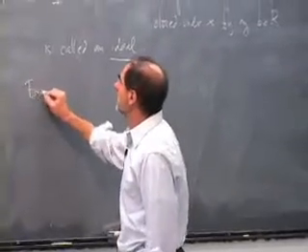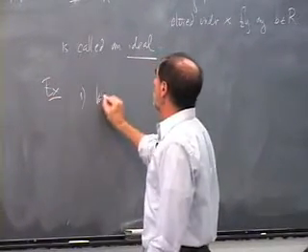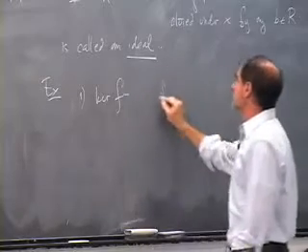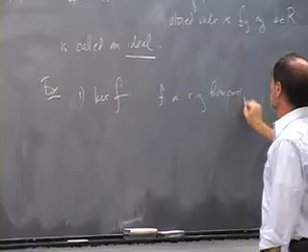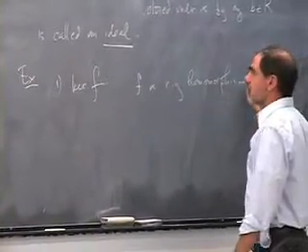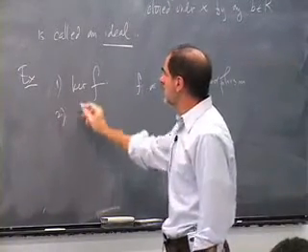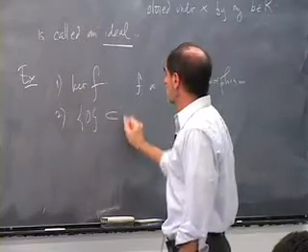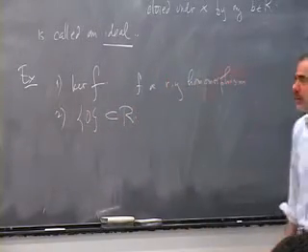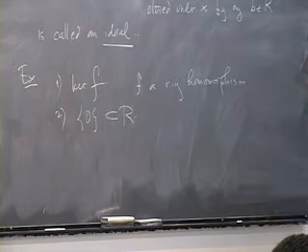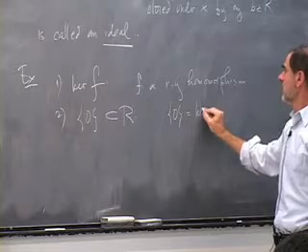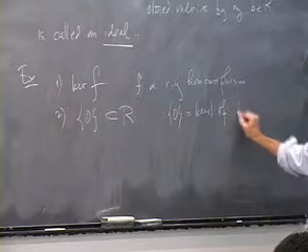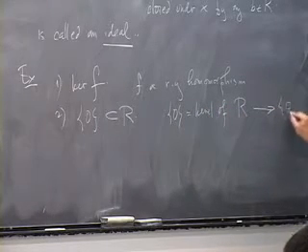So, examples. 1, any kernel of a homomorphism. 2, the 0 set is an ideal. It's the kernel of a homomorphism that takes everything in R to 0, the 0 ring.